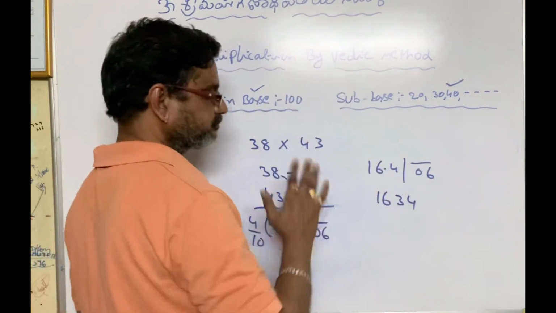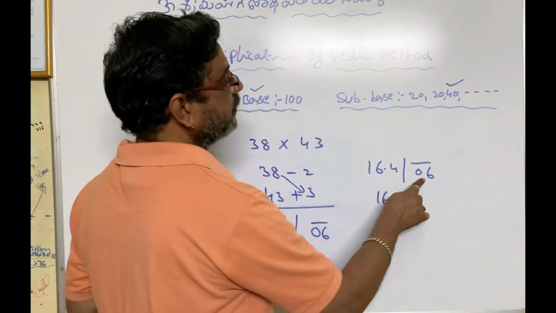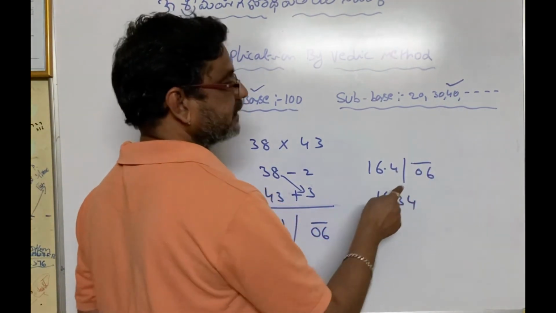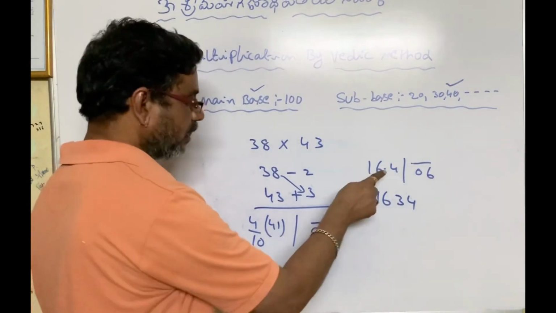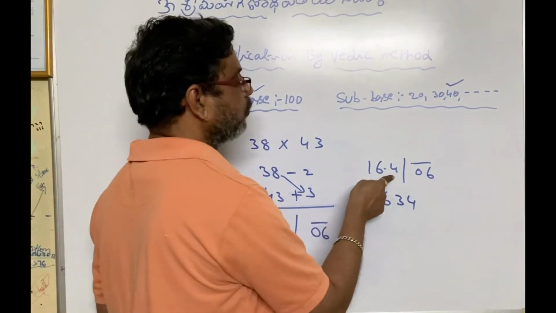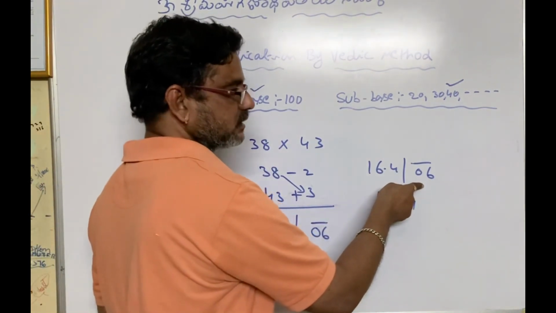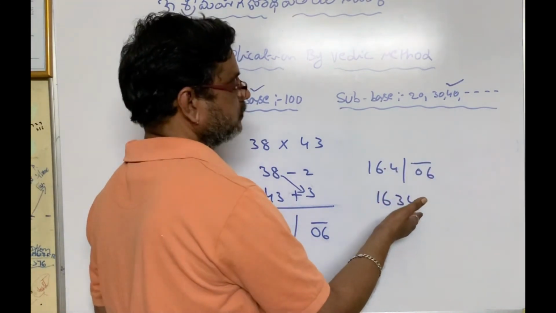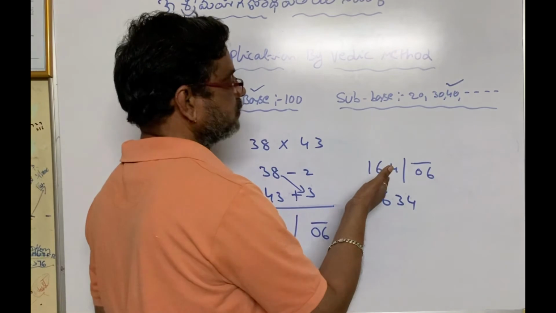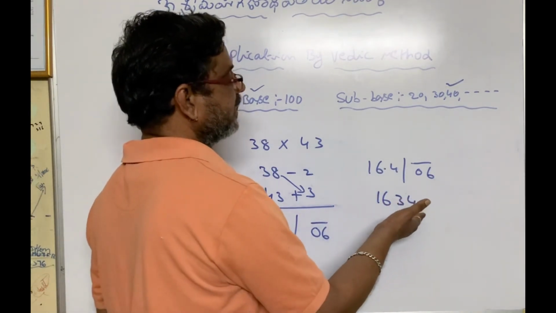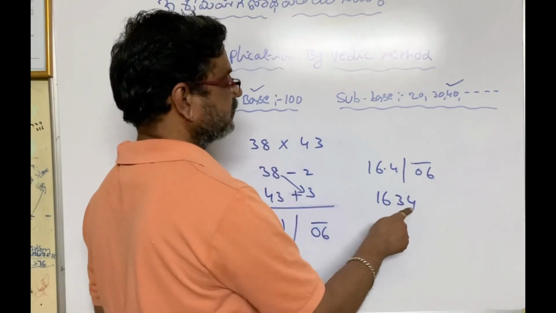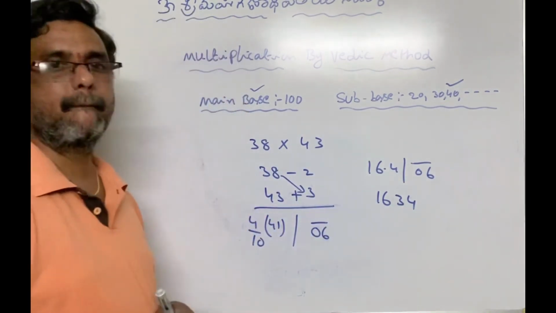In order to take out this negative, we need to carry this 0.4 to the first part of the answer, then it becomes 40. 40 minus 6 is 34, and 16 remains over here. So the total answer is 1634. 38 into 43 is 1634.